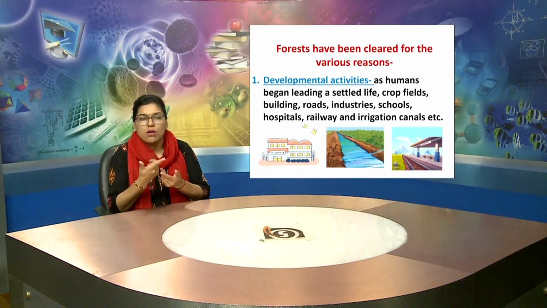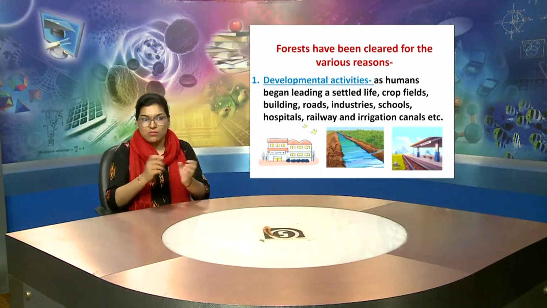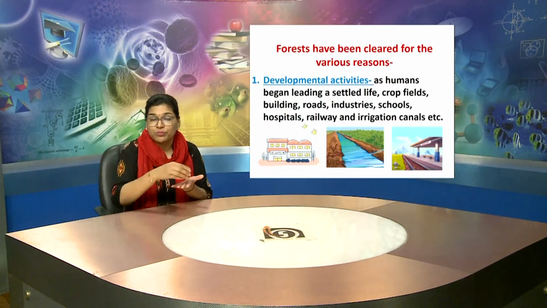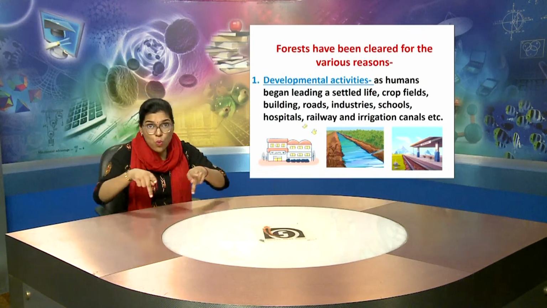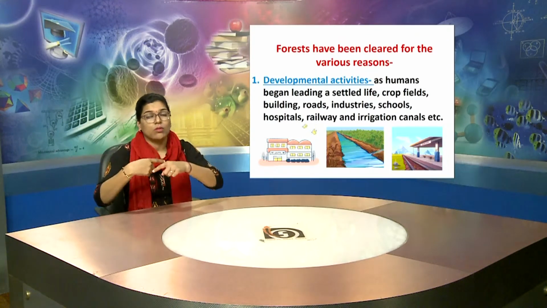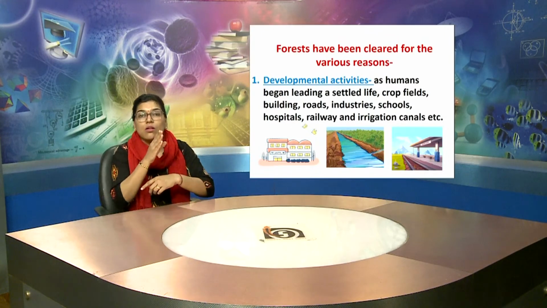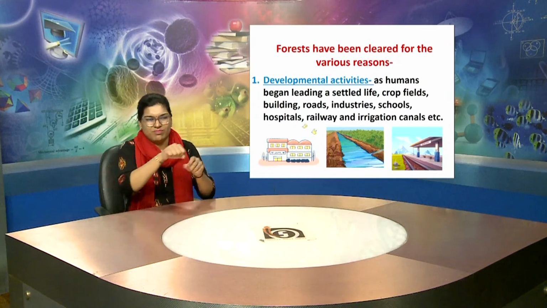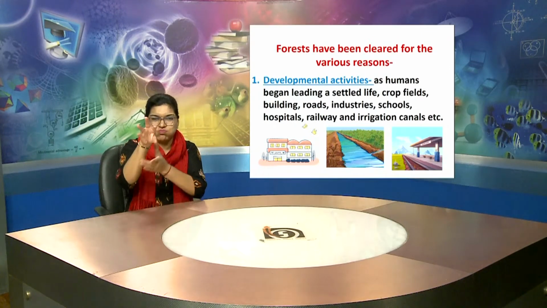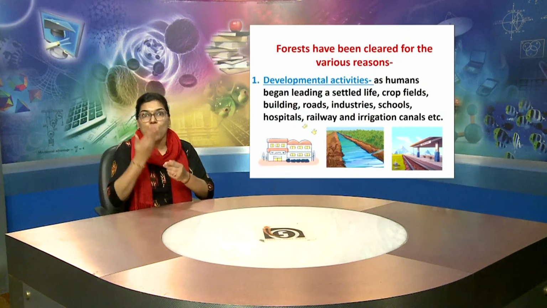As humans began leading a settled life, they needed crop fields, buildings, roads, industries, schools, hospitals, railways and irrigation canals, etc. All these were the needs of humans to lead a settled life.